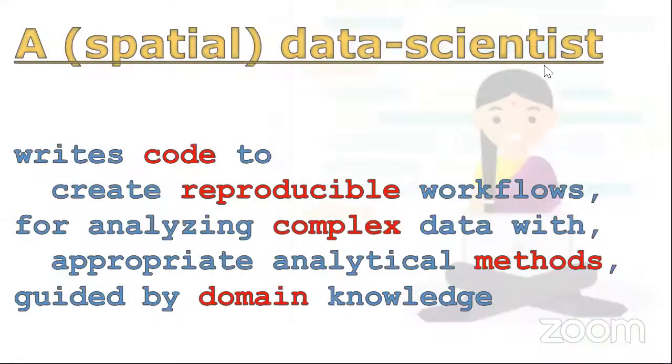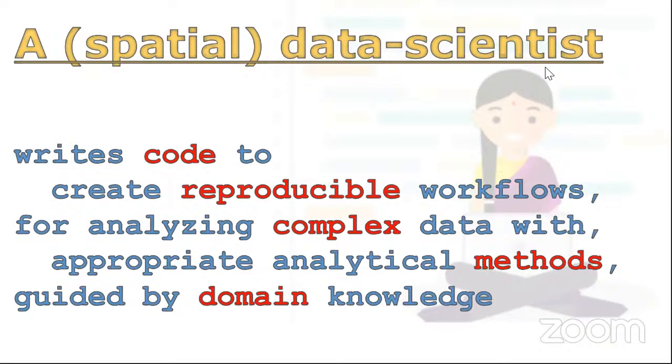All right, so my context is spatial data science, and I thought let's define it so we know what I'm talking about. And I highlight these red words. So spatial data scientists, which many of us now are, I think, and I assume many of you in the audience are or maybe aspire to become.